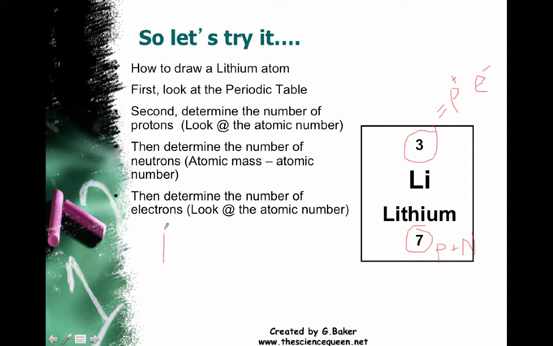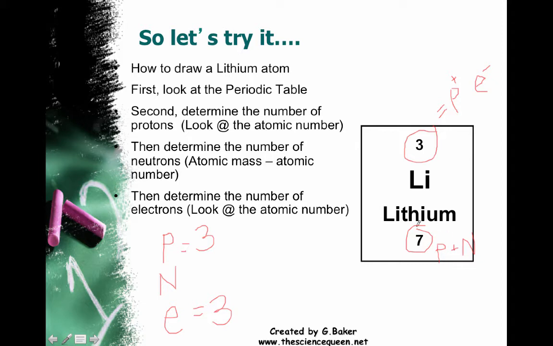So we have protons, neutrons, and electrons. So our number of protons in this case is going to be 3 because it's our atomic number. We also know that that is our number of electrons because it is the atomic number. And we need to find our number of neutrons.